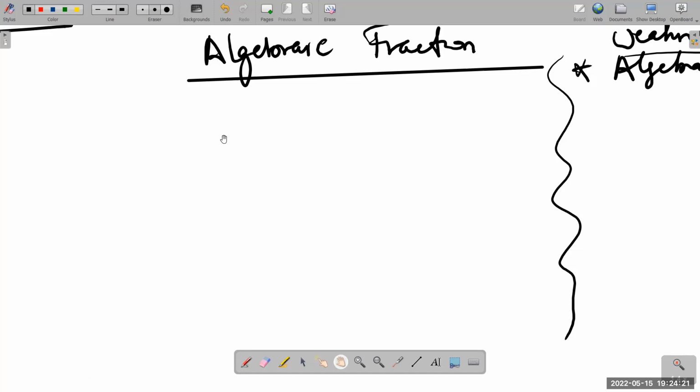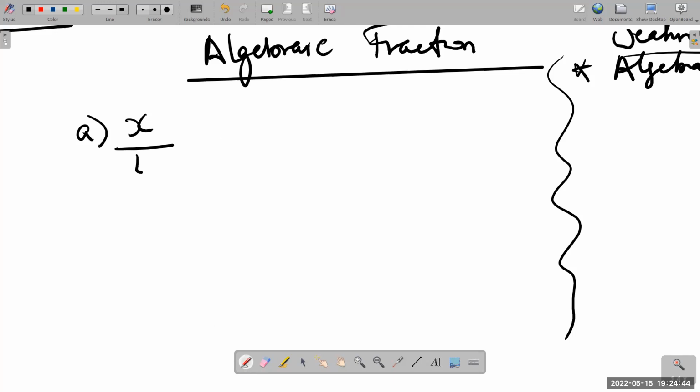And when it comes to division, what's the rule for division? Switch and flip. So I am going to avoid going back over fractions because we did it last week. I am teaching this with the impression that we all have fractions on lock. So let's jump straight into the algebraic fractions.